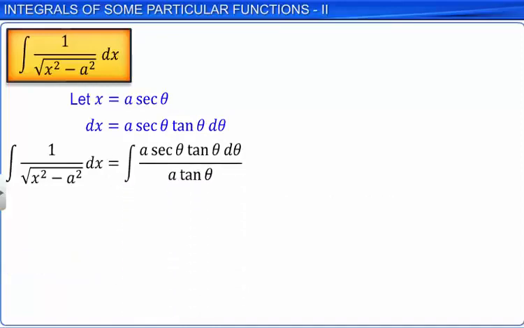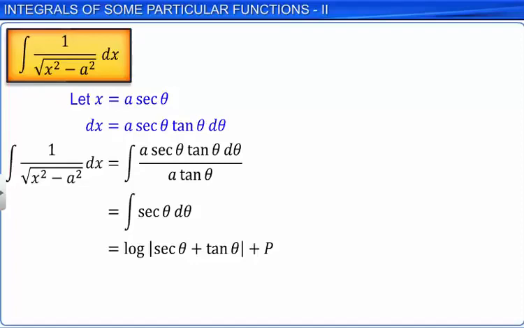Now cancelling the common terms from the numerator and the denominator of the integrand, we get secant theta. On integrating, we get the solution as log secant theta plus tan theta plus p. Here p is the integral constant.